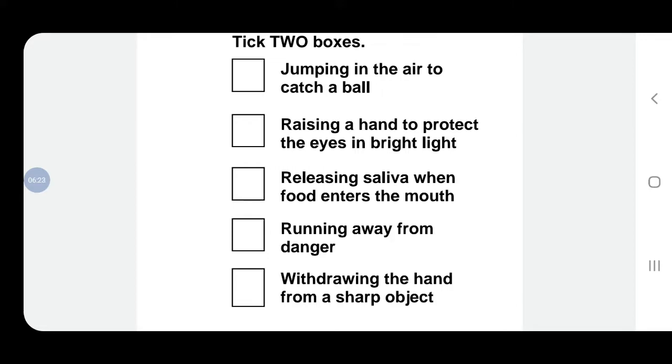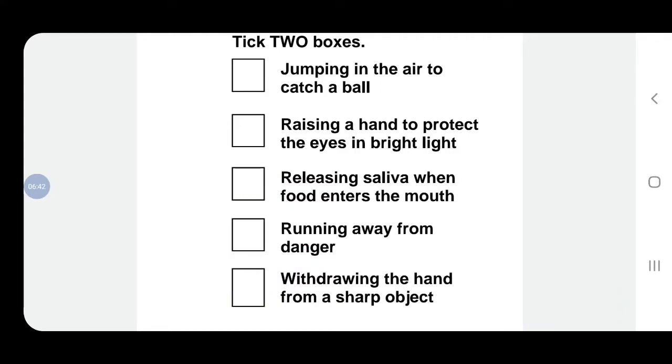So which one is correct? What do you think? Releasing saliva when food enters the mouth. This is one. Another one, withdrawing the hand from a sharp object.